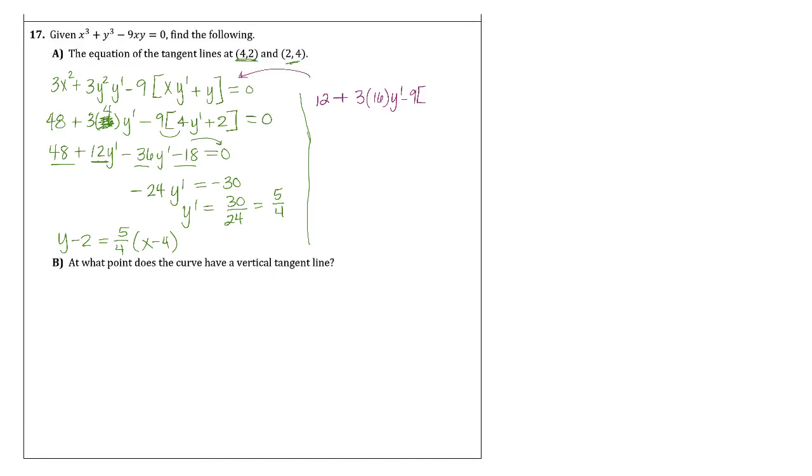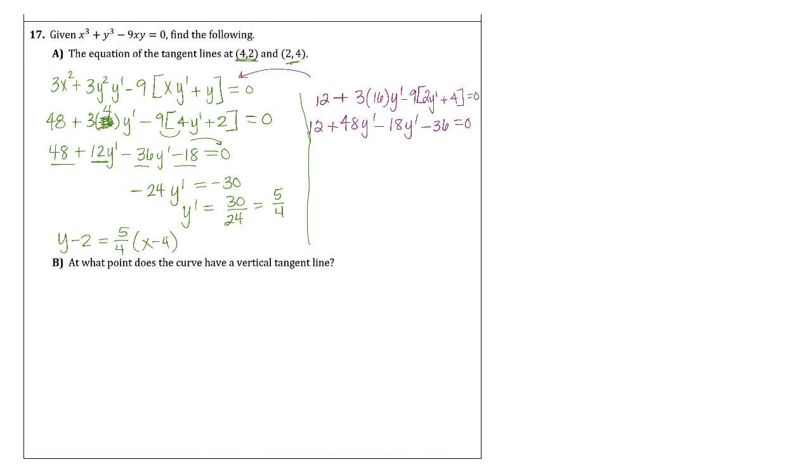So 9 times x, so that's going to be 2y prime plus 4, and all of that equals 0. So we've got 12 plus 48y prime minus 18y prime minus 36 equals 0.